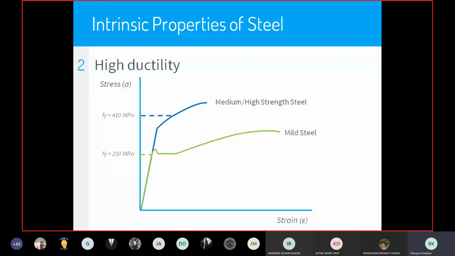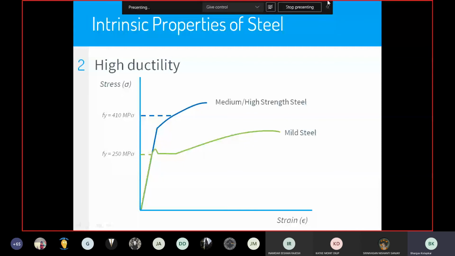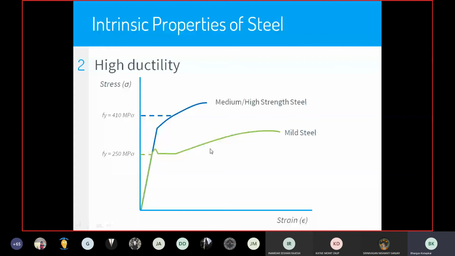Carbon is a brittle material, but it is a stronger material. So when you add carbon to mild steel, its strength increases, but its ductility reduces because you are adding a material that is strong, but not ductile. Clear?